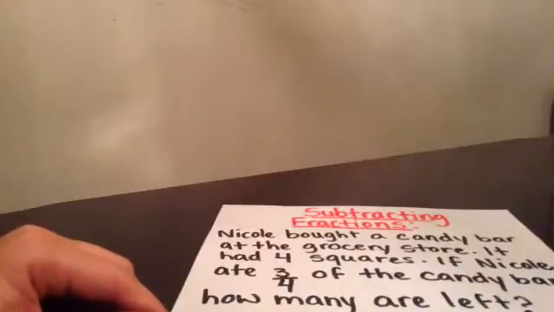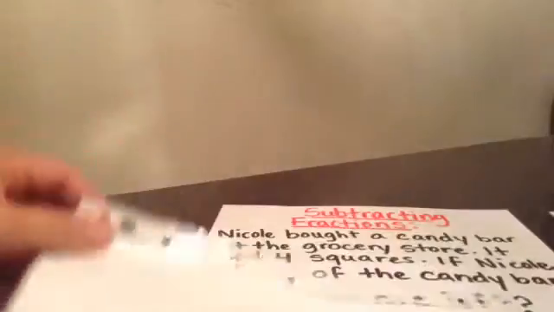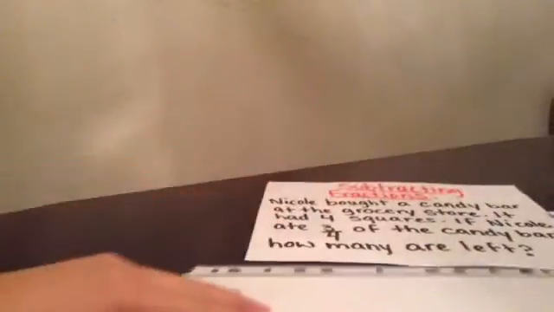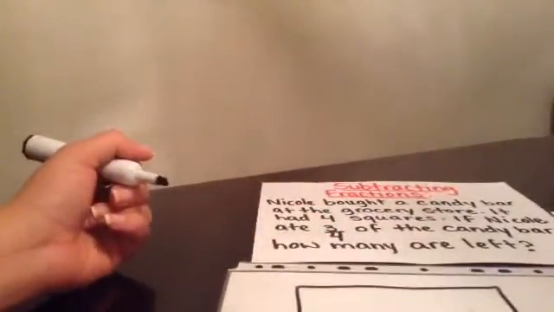So we're going to work this problem together as we did with addition. And we're going to represent the candy bar as a rectangle too. This one is the candy bar, right?